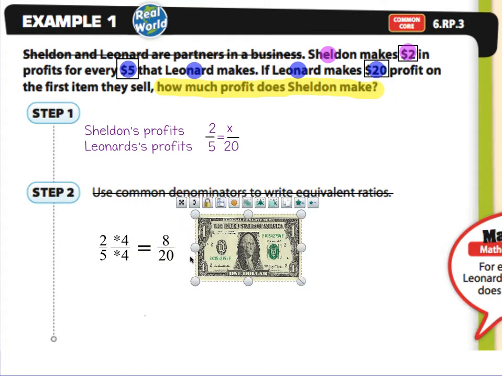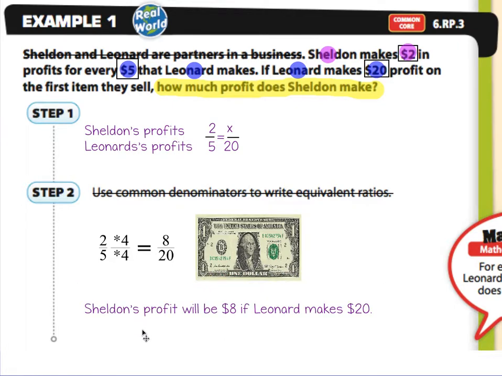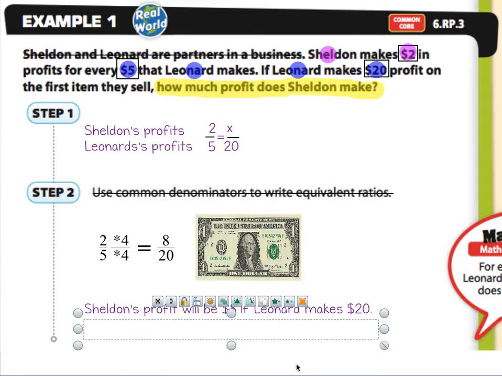So I have to multiply the top by 4. So I know that if Leonard is getting $20, so if he's getting times 4, then Sheldon has to get times 4. Okay? So then what that tells me is Sheldon's profit will be $8 if Leonard makes $20.